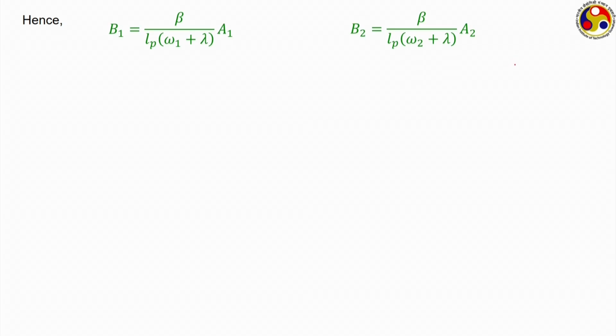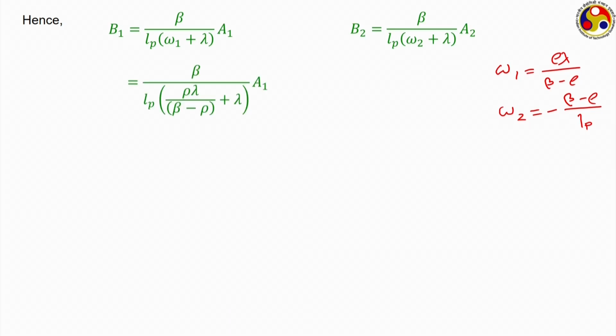Now, just try to remember what we have developed earlier. I hope you are deriving this also parallel to me. Omega 1 is equal to rho lambda divided by beta minus rho, and omega 2 is equal to minus of beta minus rho divided by LP. So, let us put omega 1 here, which is rho lambda divided by beta minus rho.